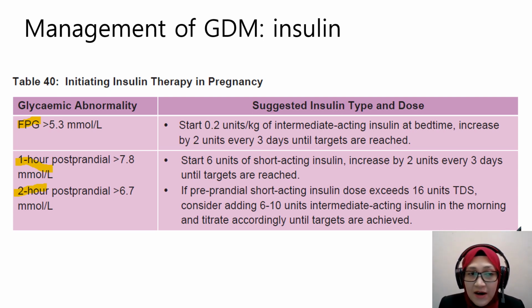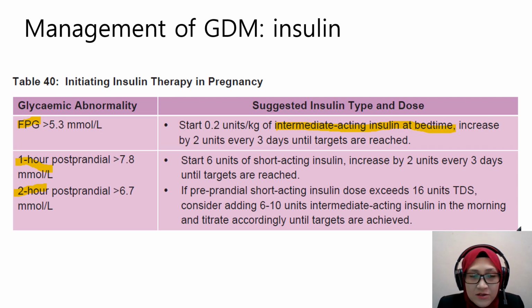If they have a high fasting blood glucose, it is more appropriate to start them with intermediate acting insulin at bedtime, because it will cover the morning, which is the fasting blood glucose. Okay, start with 0.2 unit per kg, and we monitor, can increase by 2 units every 3 days.